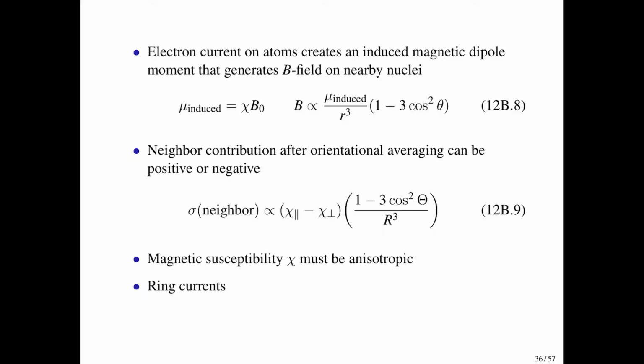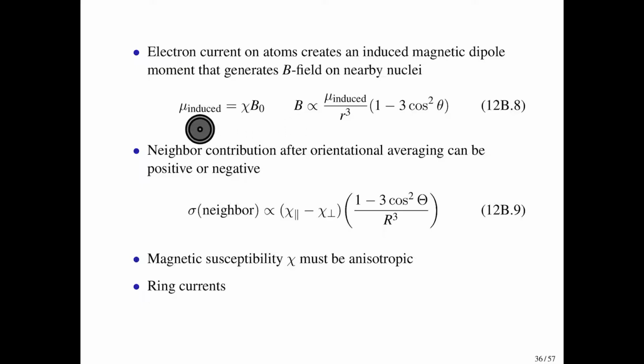Now, when the electrons within that neighboring atom start to circulate, what will happen is that those electrons will then generate a magnetic moment on the neighboring atom. Okay, and so the strength of that induced magnetic moment is proportional to the external magnetic field, and the proportionality factor is what's called the magnetic susceptibility of the neighboring atom.